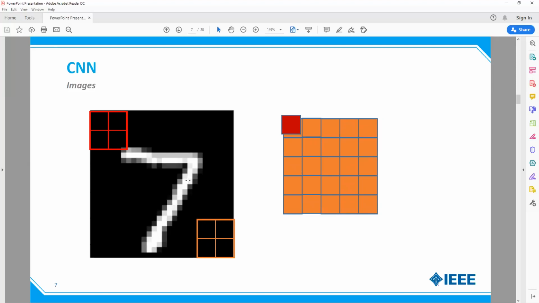So with color, your kernel will be of dimension size 1 by 2 by 2, whereas if you have a colored image and you specify the kernel size to be 2 by 2, it's actually 3 by 2 by 2 because it has to look at the dimensions of red, green, and blue. I see. Yes.